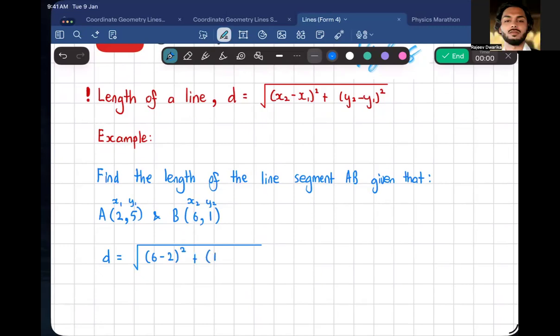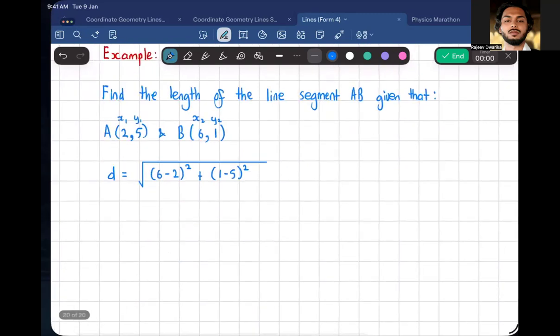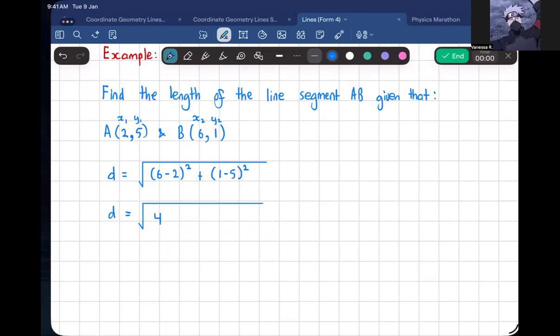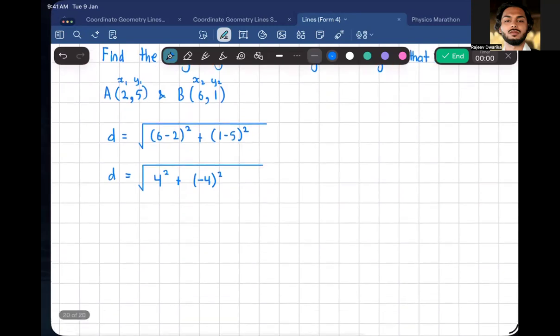Yep, that's about it. Right, let's simplify. What is 6 minus 2? 4. So 4 squared. What is 1 minus 5? Minus 4. We're going to leave minus 4 in brackets because it's a negative number. So minus 4 in brackets squared.